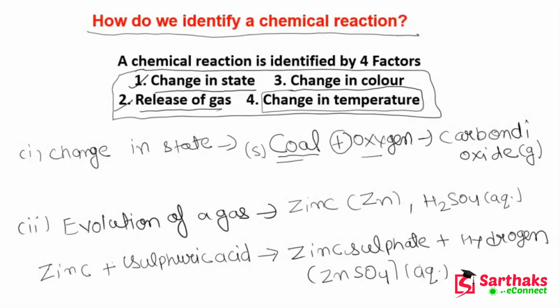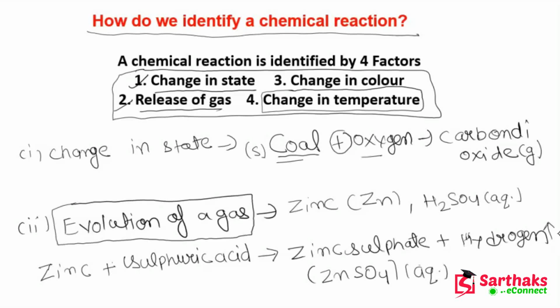So basically guys, what I want to make you understand here is that hydrogen gas is released in this reaction. So what are we studying? We are studying how to identify a chemical reaction.